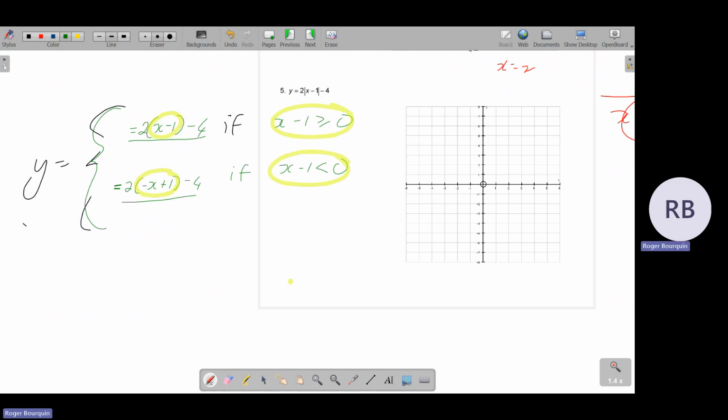The salient point is we sub in where the split happens into one of the equations. My split's going to happen at 1. Are you all happy with that?